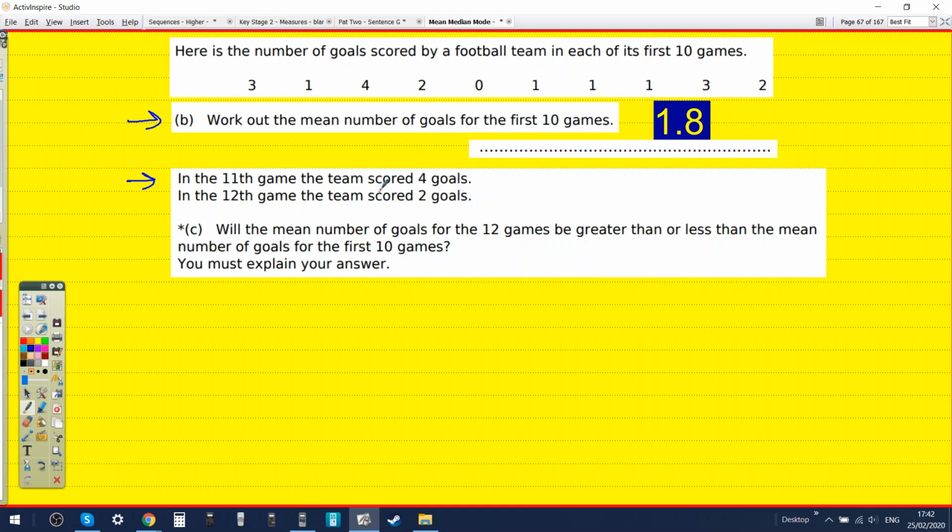So just C then. Okay. In the 11th game, the team scored 4 goals. In the 12th game, the team scored 2 goals. Will the mean of the number of goals for 12 games be greater than or less than the mean? You must explain your answer.